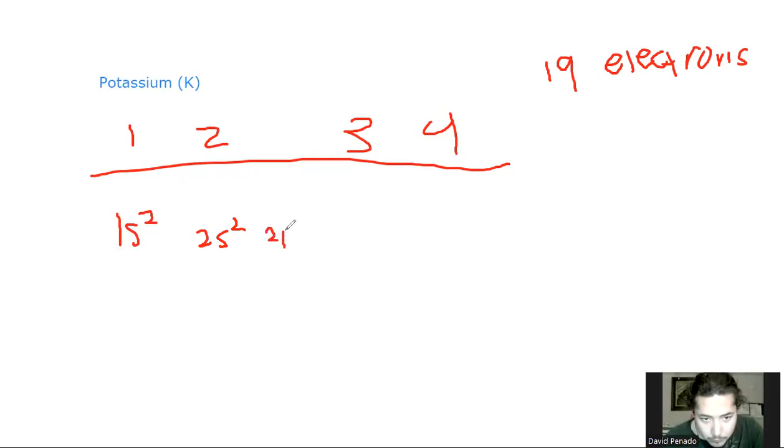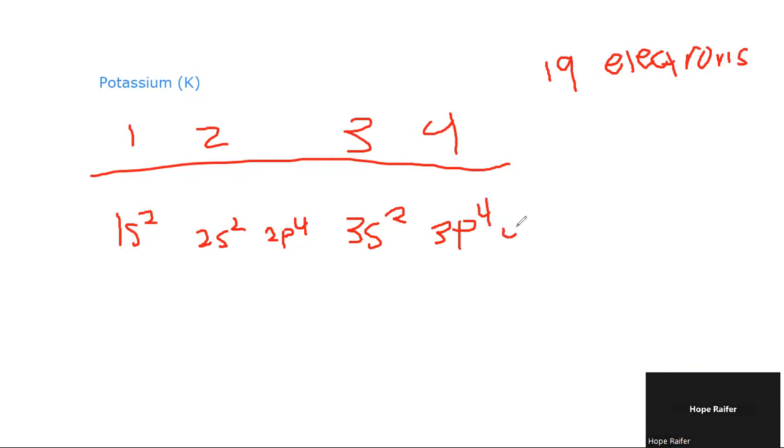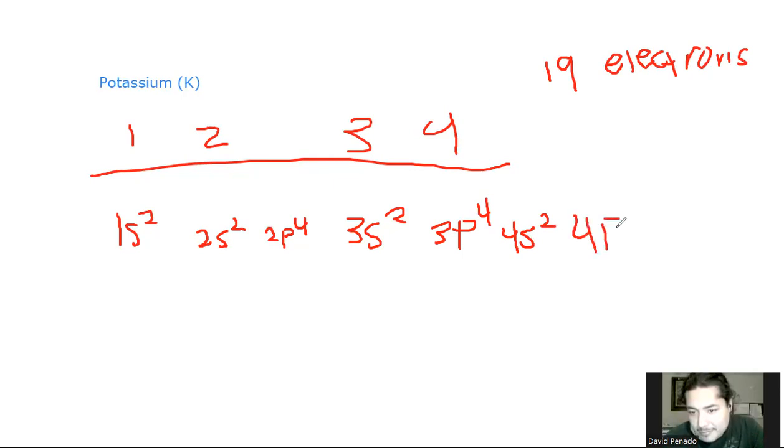Yeah. 3s2, 3p4, 4s2, 4p3. Yes. And when you add all of these up, it equals 19. Yes. Is that really wrong?